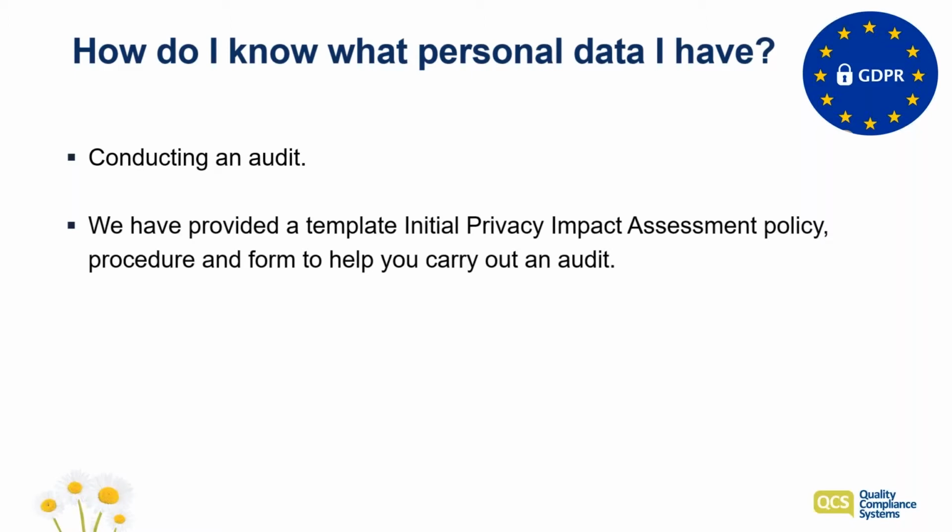Don't forget as well, there are specific requirements about special categories of data, which are known as sensitive personal data under the Data Protection Act. Most organisations in the health and care sector process a significant amount of special categories of data, which include information such as medical and health records, care plans, religious and political views, ethnic origin and sexual orientation.